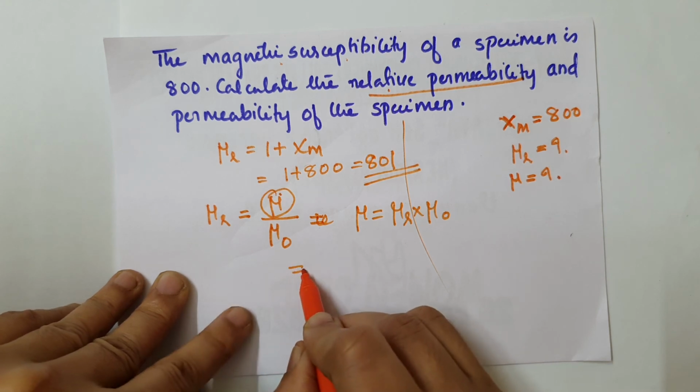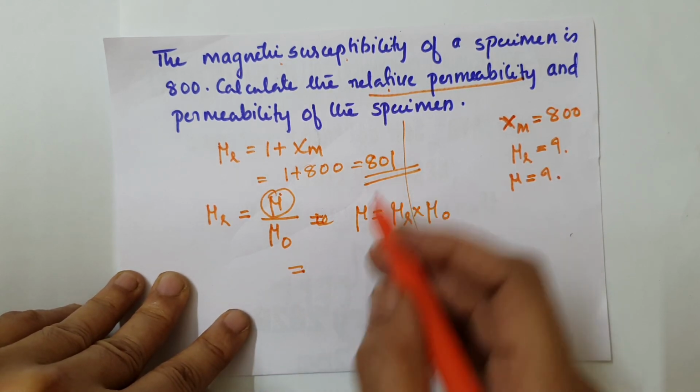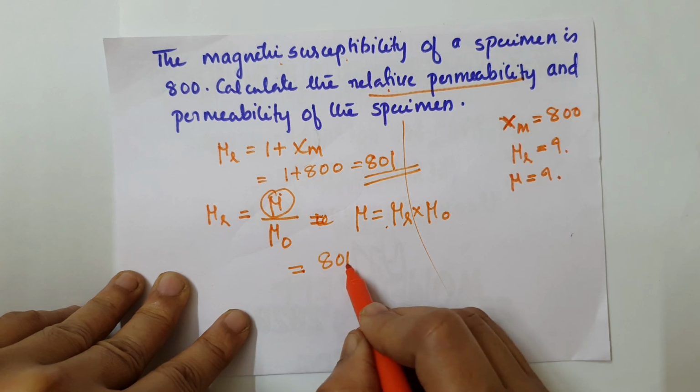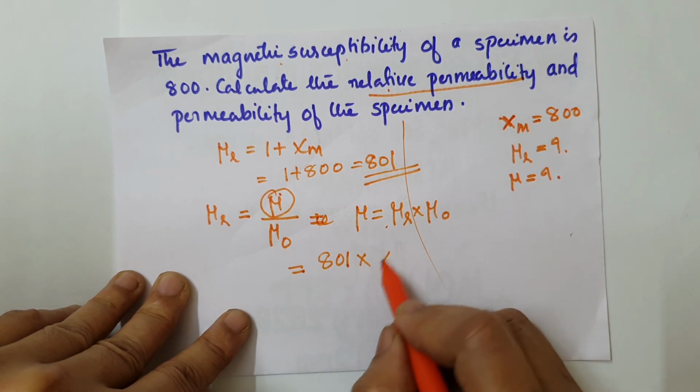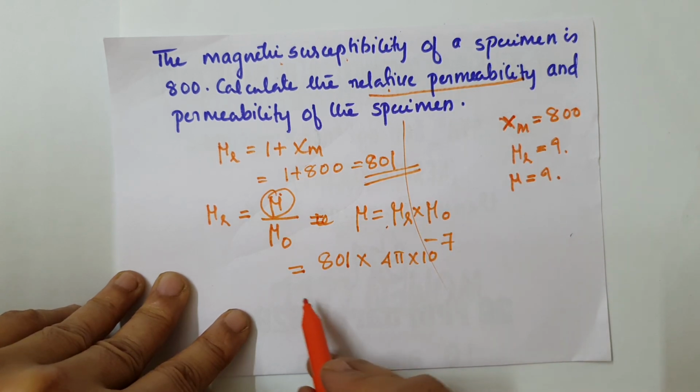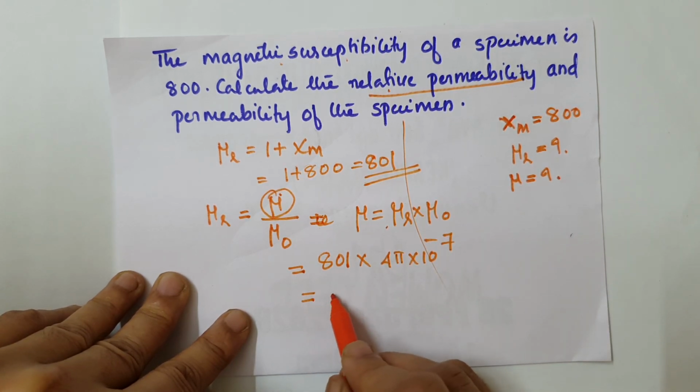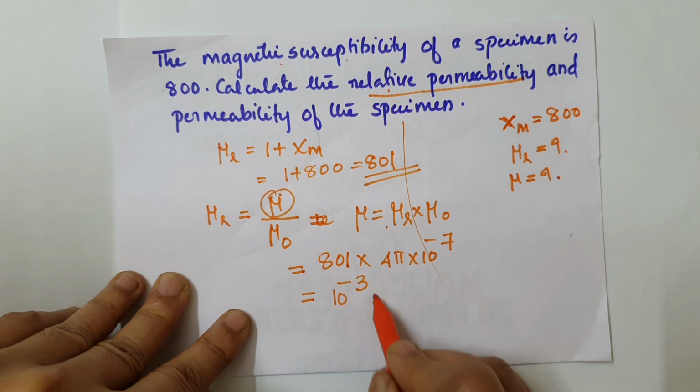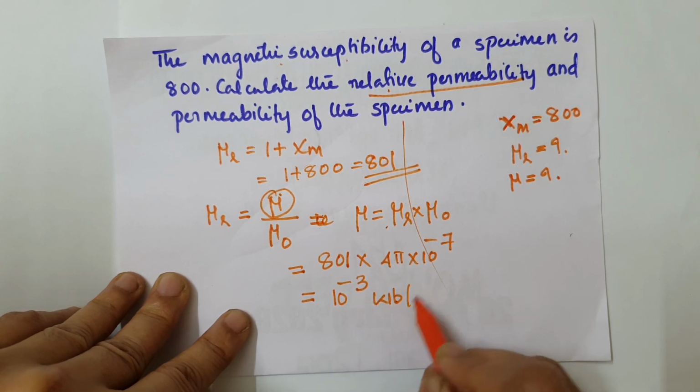That is equal to 801 into 4 pi into 10⁻⁷, and this will be 10⁻³. The unit is Weber per ampere meter.